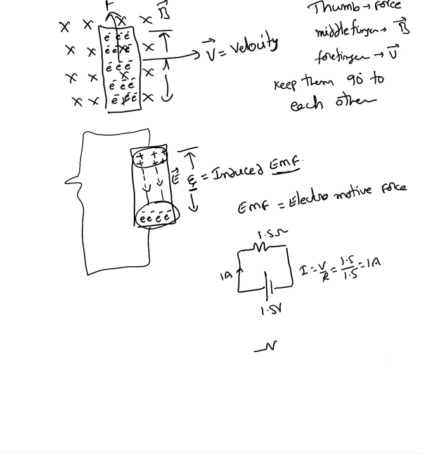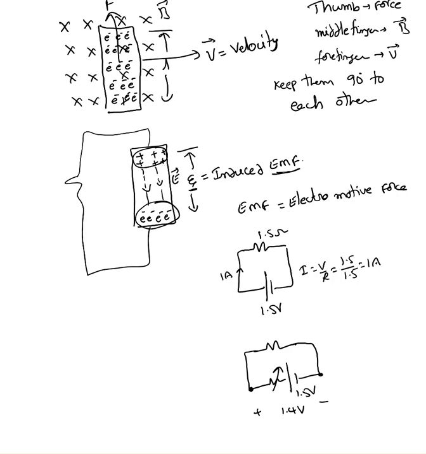What happened is there is some internal resistance, some variable internal resistance inside that battery. Even though this voltage is 1.5 volt, there might be only, say, 1.4 volt appearing across the terminals.